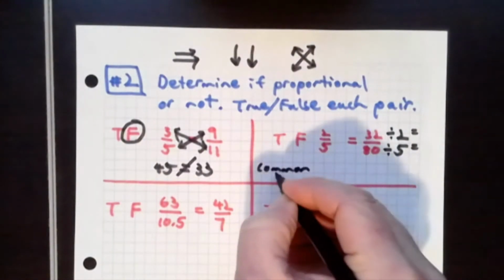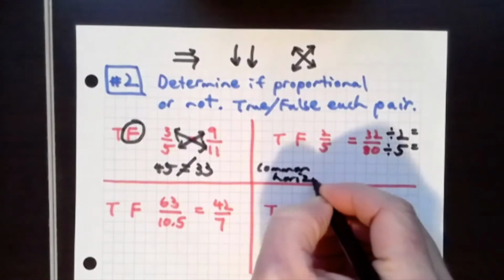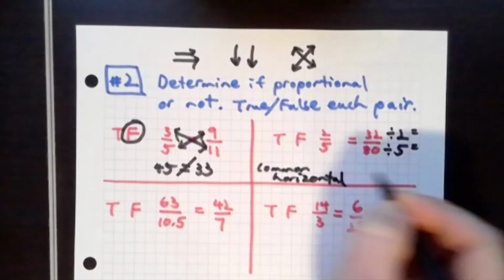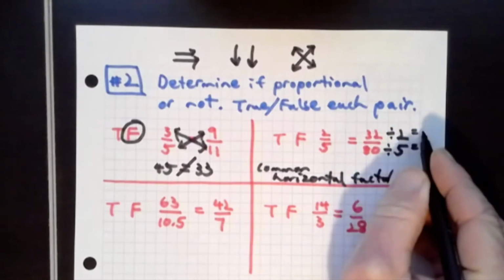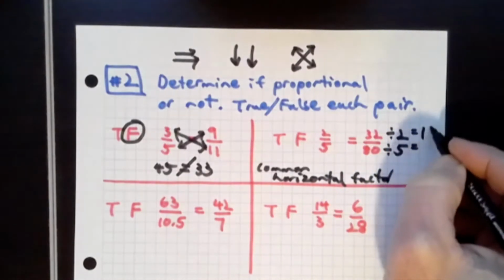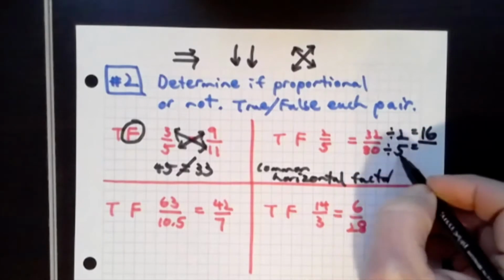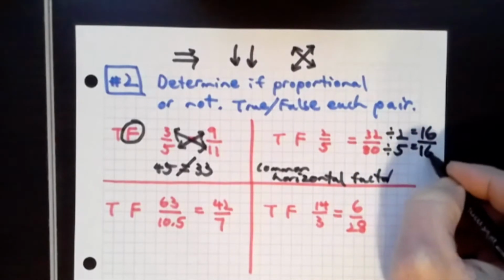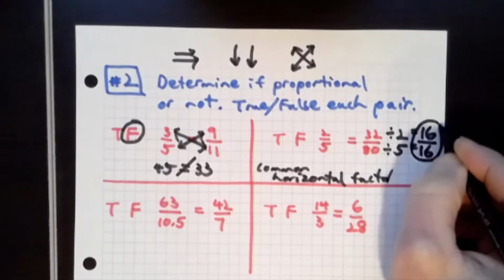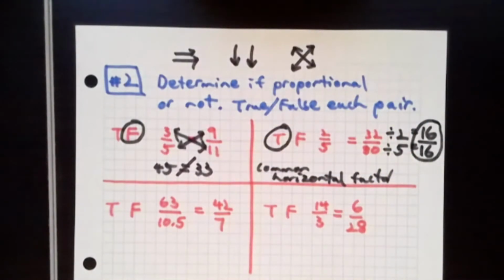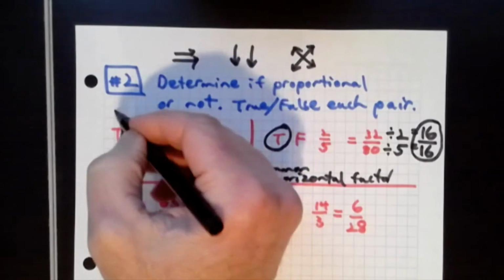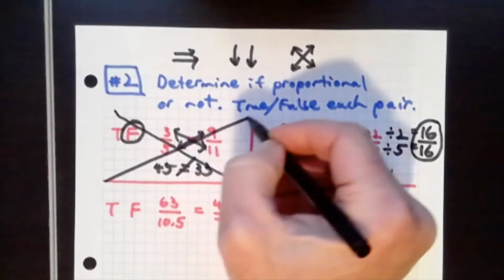Let's check it out. Common horizontal, side to side. 32 divided by 2, 16. 80 divided by 5, 16. Since they are the same, those are proportional. Good. This one was not. Let's just put a nice X through that.